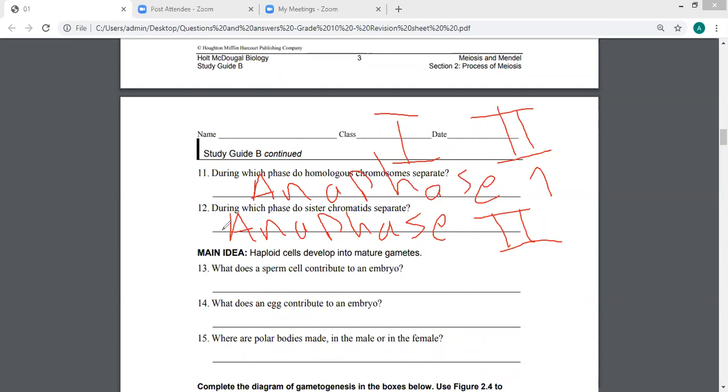The question asks about the sperm. It gives what to the embryo? DNA. Through what? Which part of the sperm contributes the DNA to the embryo? Which part of the sperm carries the DNA?